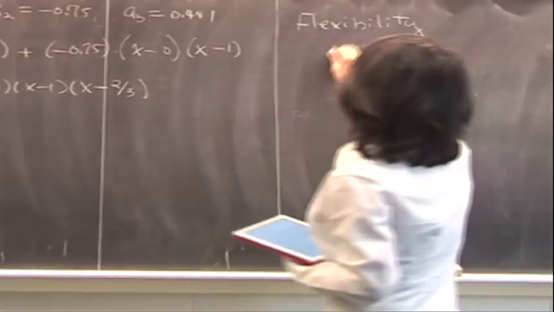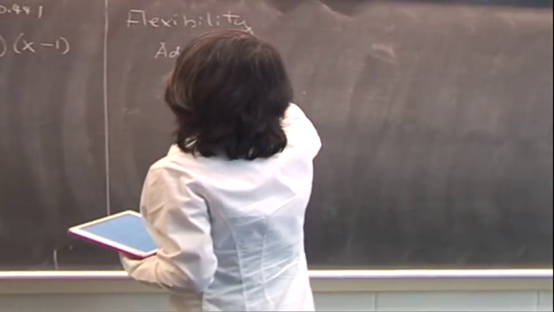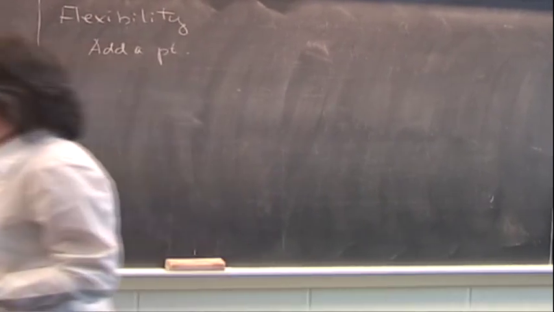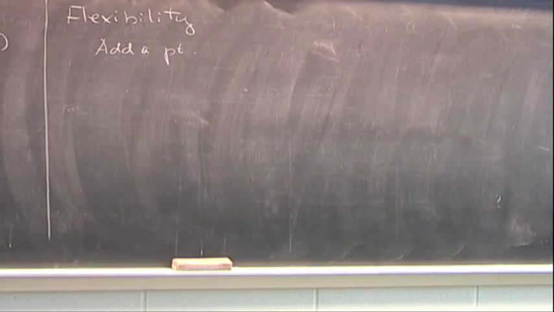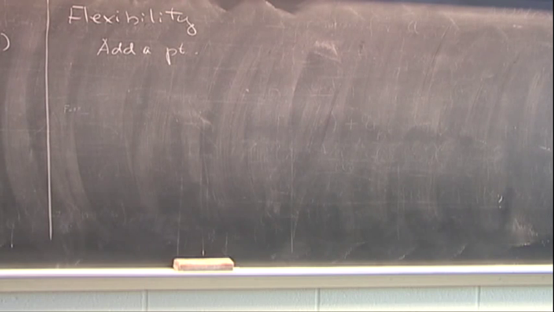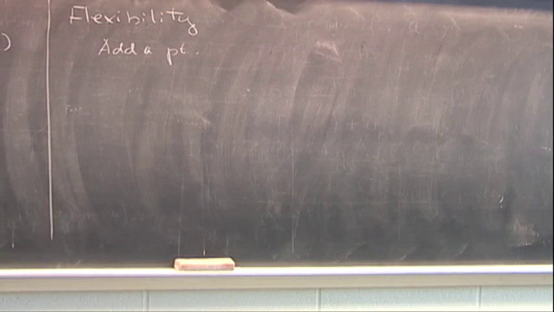Now, say I want to add another point. Let me just go over and mess this up. Say I want to add an additional point, 0.5, 1. This is the one I want to add on. I ran another test, I get that data with me. Do I need to throw away what I have done? So what do I have to do? I just need to add one row down here, isn't it?